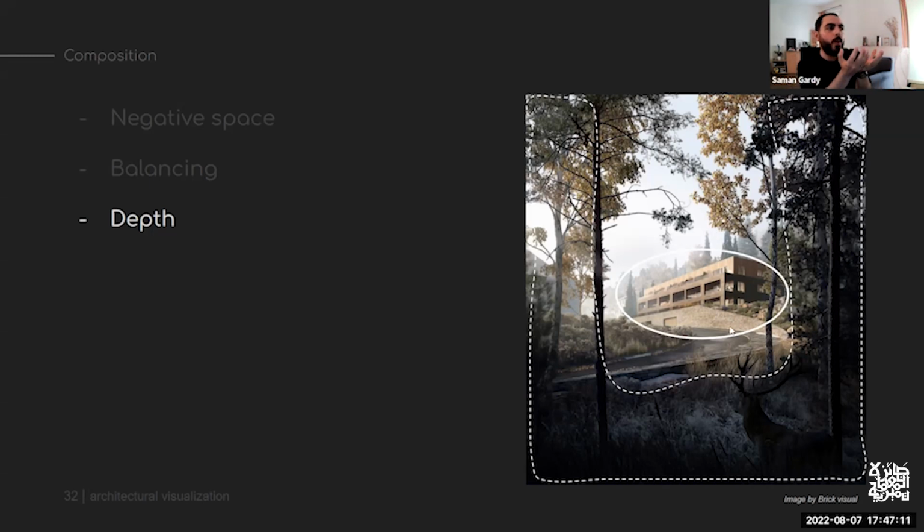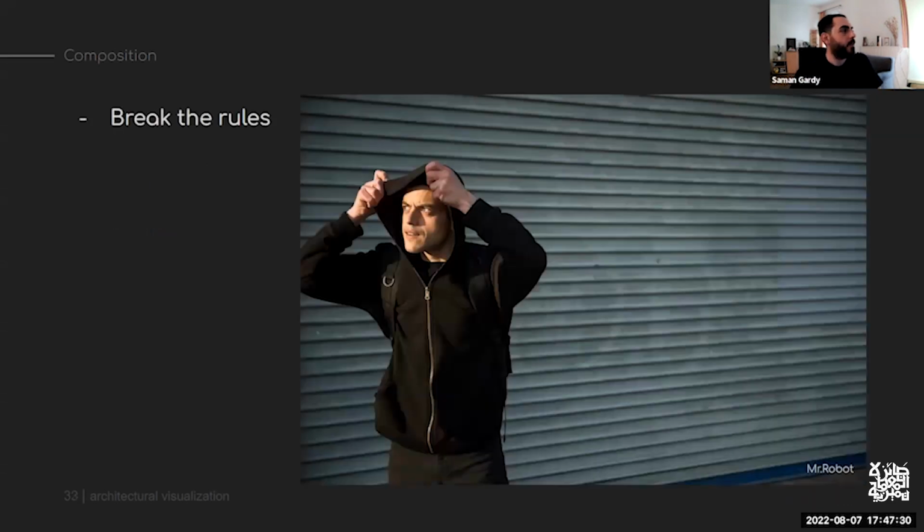So when I open this image for you, you feel there's a depth in this image. That's why please try to structure your image from foreground to midground to background.